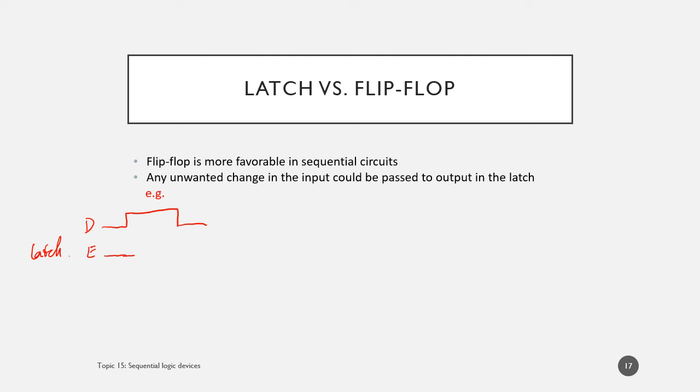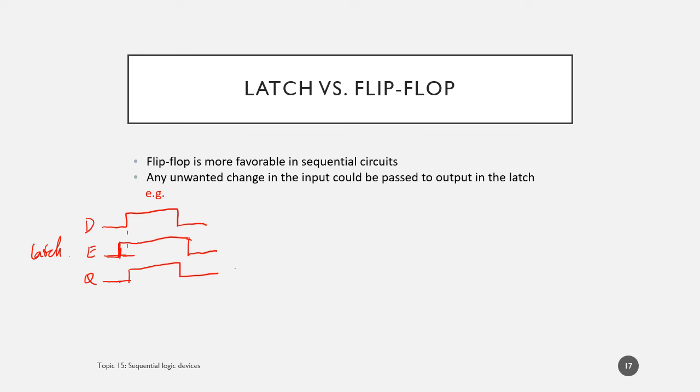It needs to be active before the signal comes, and when the signal has passed, it will be shut down. If we get an enable input like that, then if the enable is active, Q will follow D, just like that.